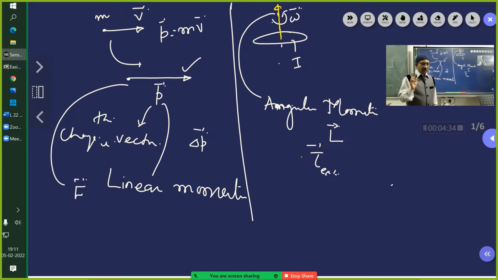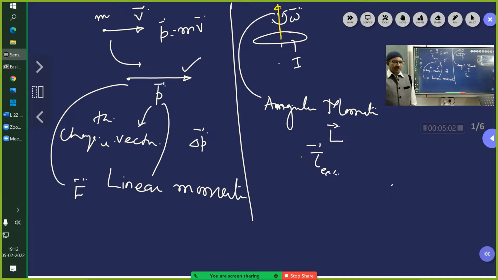Now, if you give force to this body, can this vector change? So it depends on where you are applying. If I apply force, can this angular momentum vector change?